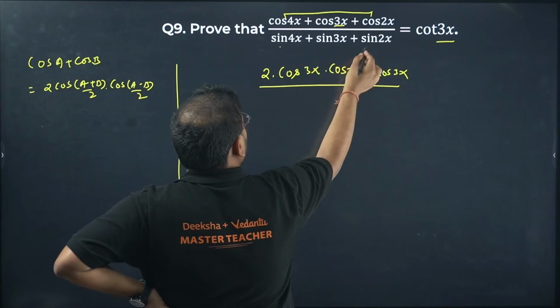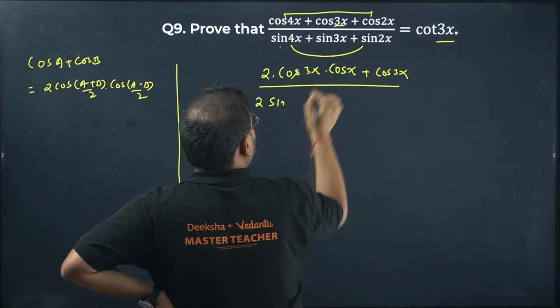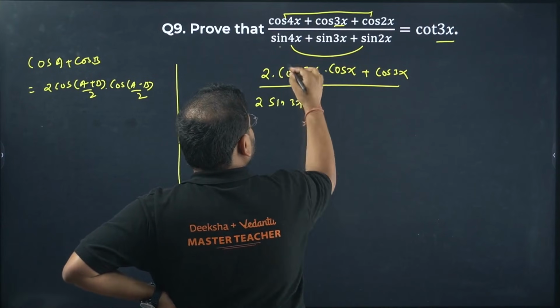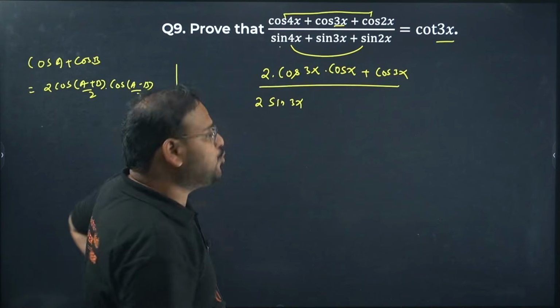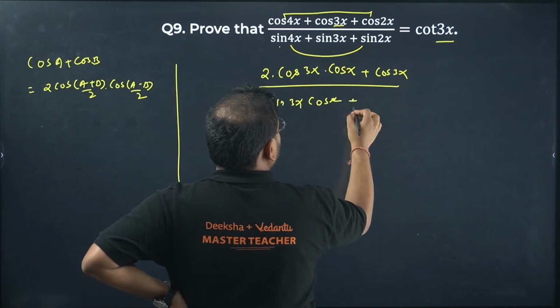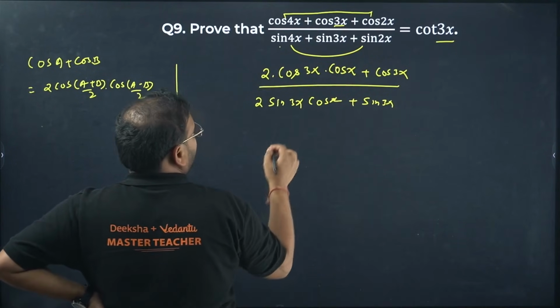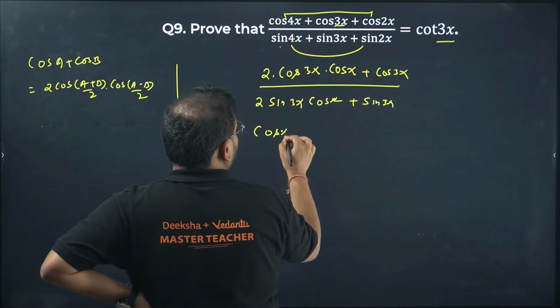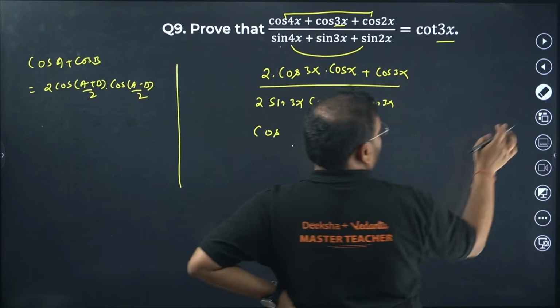Same way, sine 4x and sine 2x, combine them. 2 sin of the sum: 4 plus 2 is 6, by 2 is 3x, and then cos of the difference: 4 minus 2 is 2, divided by 2, so cos x. Plus sin 3x. Take cos 3x common in the numerator.